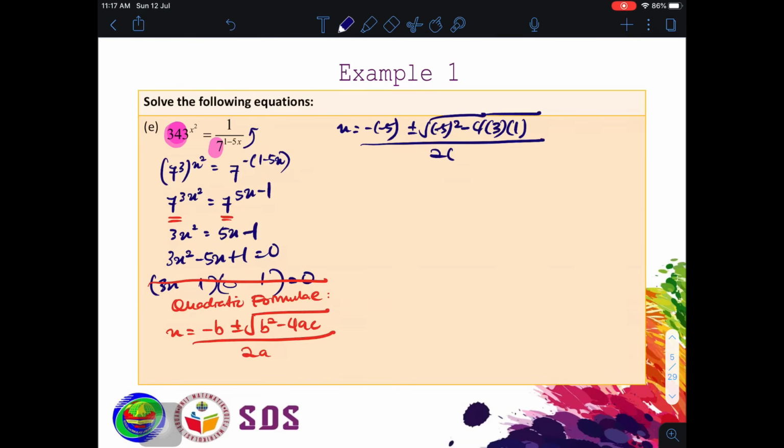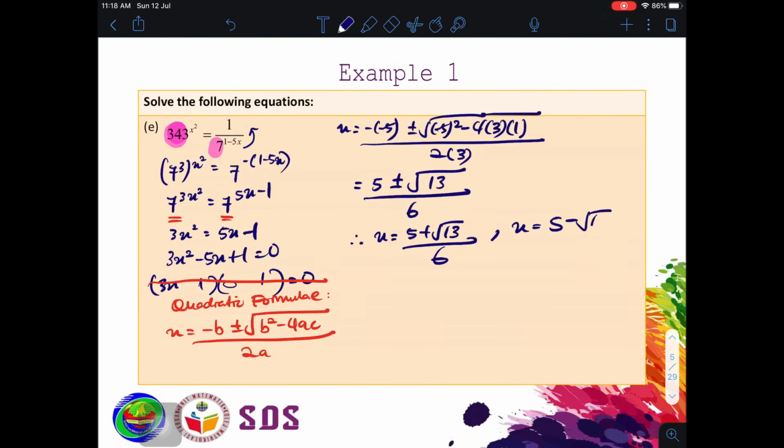Therefore, you simplify it, and you will get 5 plus or minus the square root of 25 minus 12, which is 13, over 6. Therefore, you have two answers here: x equals 5 plus surd 13 over 6, or x equals 5 minus surd 13 over 6. That's it.